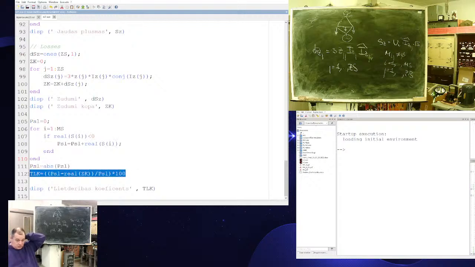And this row will give me the efficiency factor. TLK means network efficiency coefficient. Efficiency factor for the network. K, coefficient is a factor. L, efficiency. And T, network. So, TLK is a network efficiency factor. Let's see what I will get.